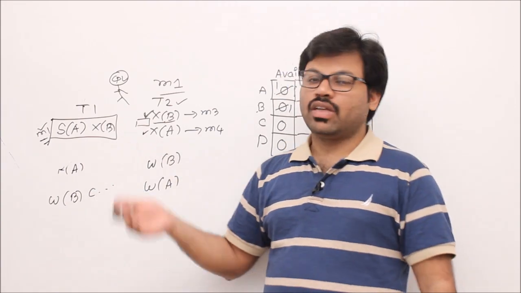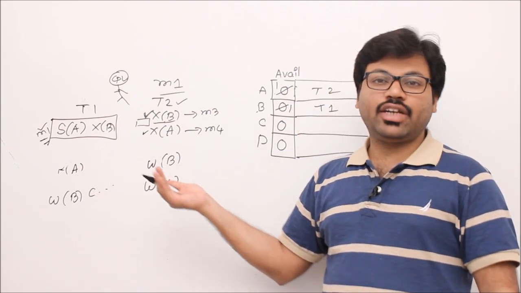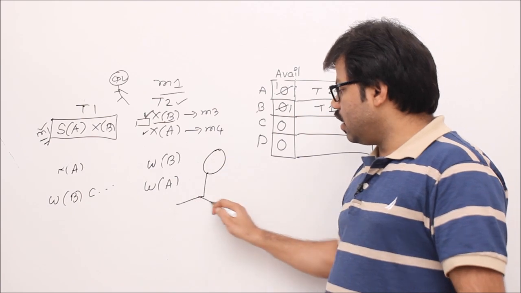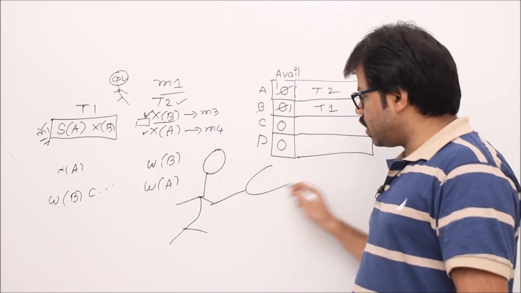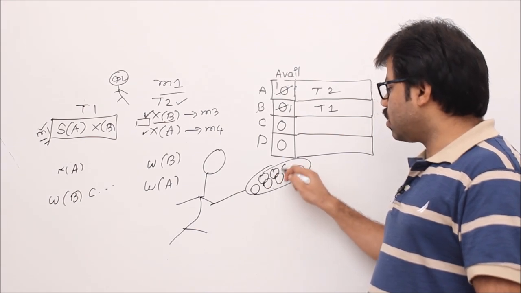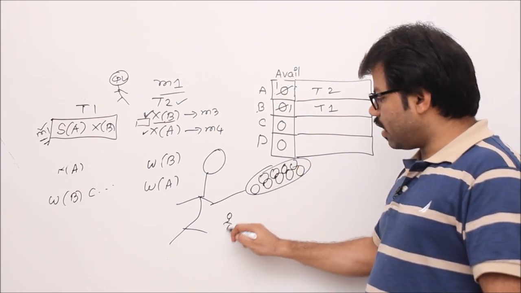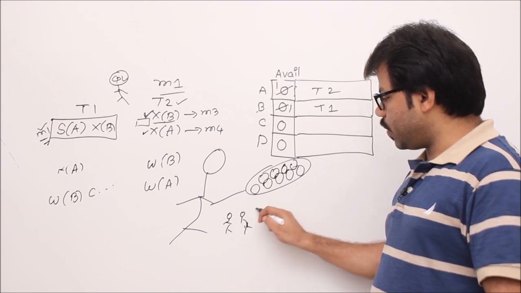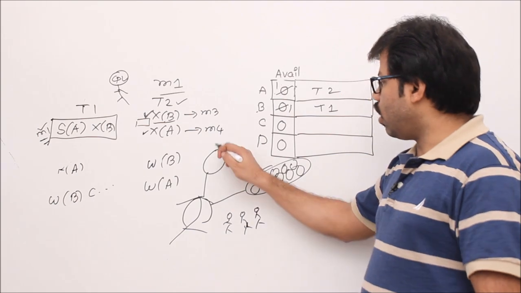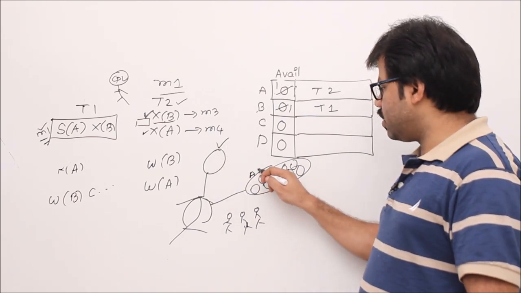Second one, this will lead to starvation. If you have a very bad transaction like this, acquiring a lot of locks, and it succeeds and holds all the locks, then see the situation. This is a very big fat transaction which got all the locks like A, B, C, all the locks.